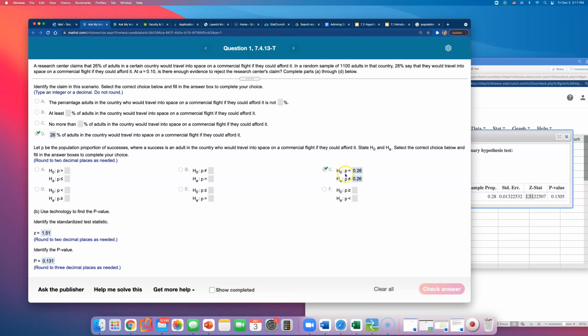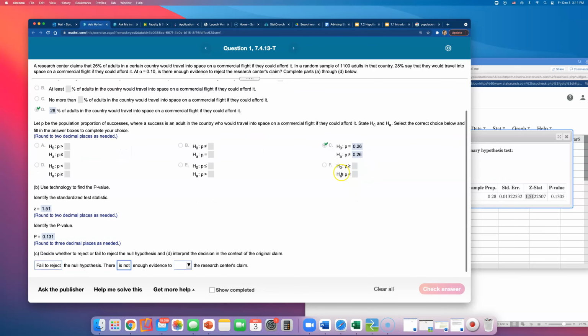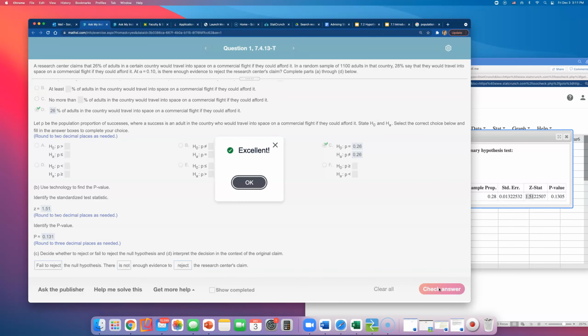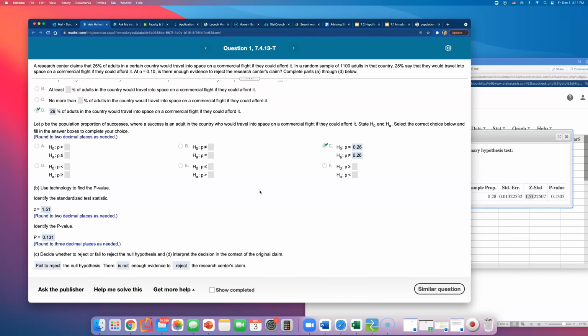When we fail to reject the null, we are stuck with this null, so we can't reject the research center's claim. We're not saying that the research center's claim is correct, we just say that it's not wrong. There's a difference, just like the difference between someone being innocent and someone being not guilty. That's how you can make a conclusion about this problem.